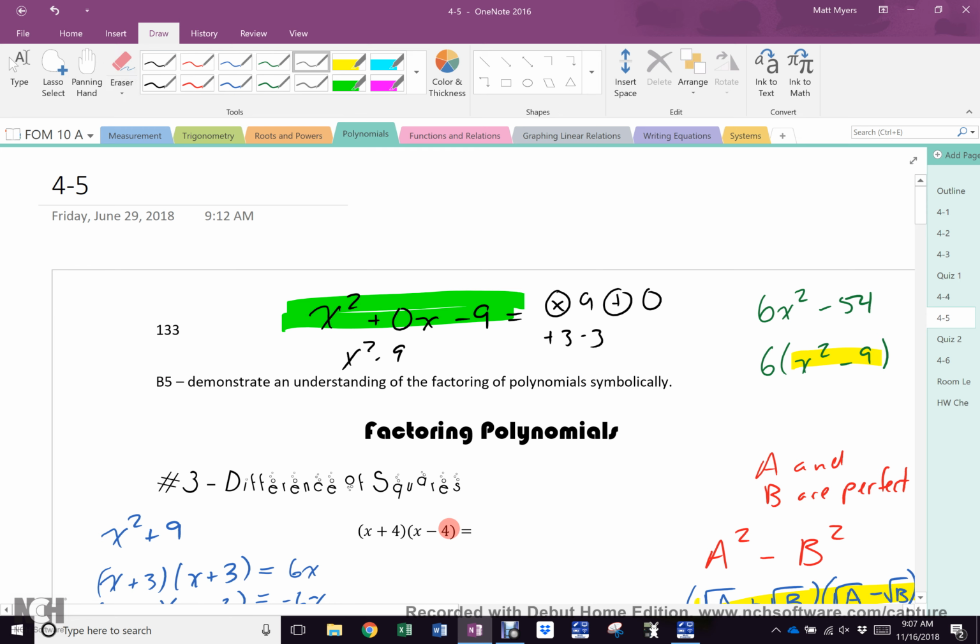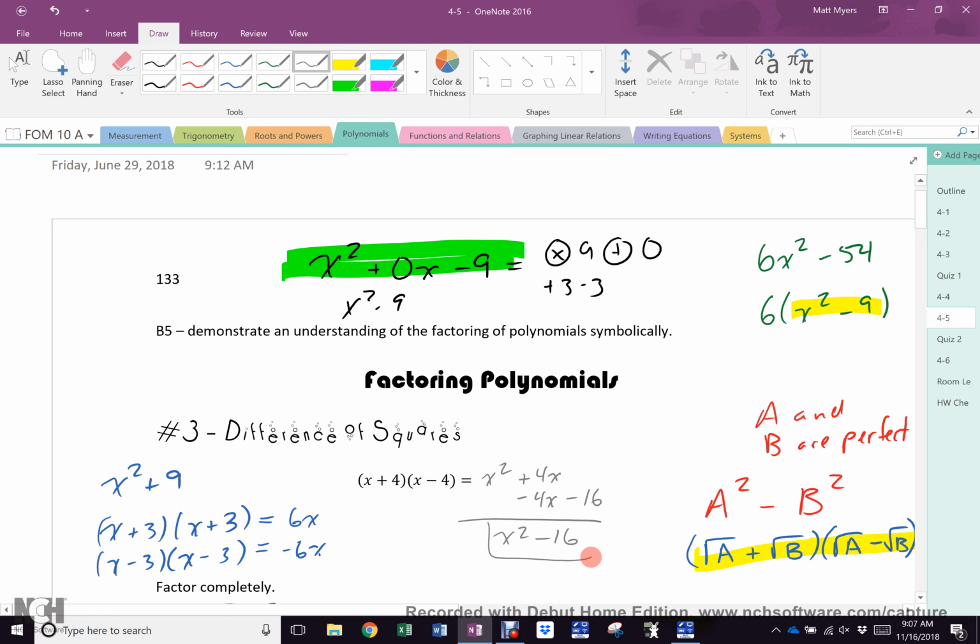Can you do this? That is x squared plus 4x minus 4x minus 16, right? Those then drop out and I get x squared minus 16, yes? Okay. If that is the product and that is the factors, then do you see the relationship?